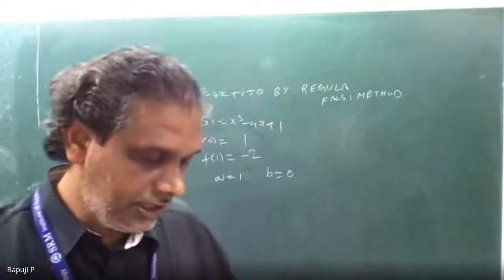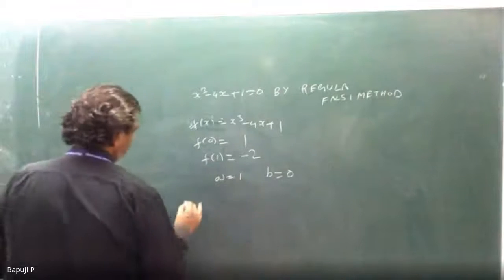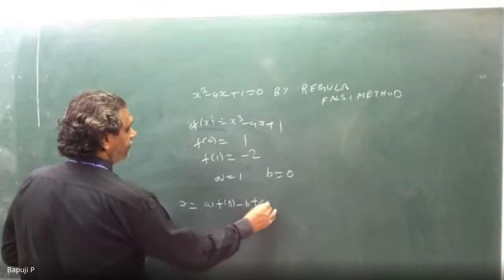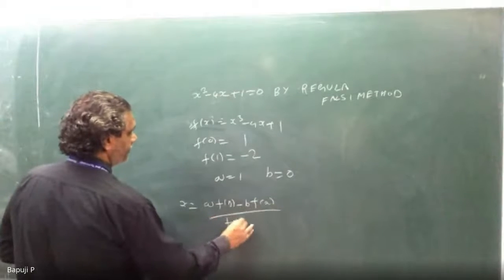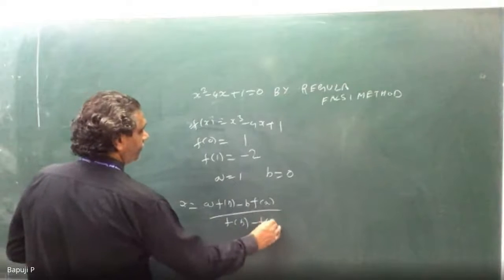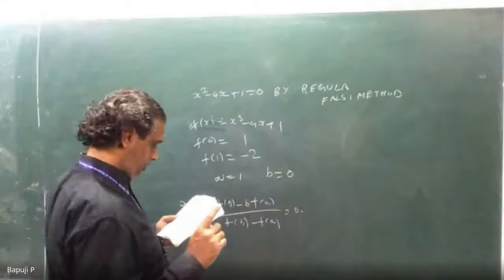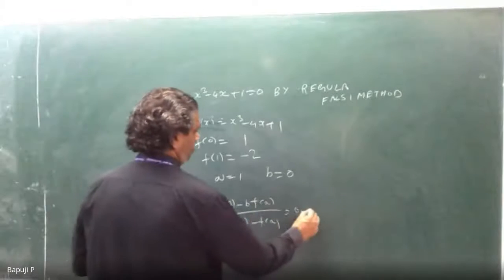Now x1, what you got? 0.33. He has taken 1, 2, 3, 5 points.